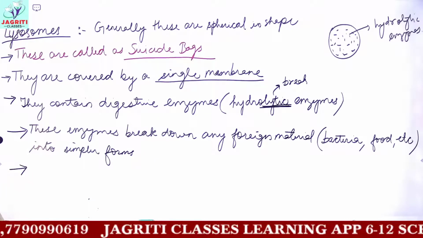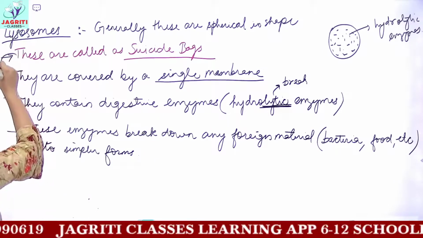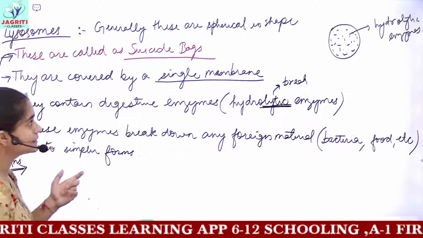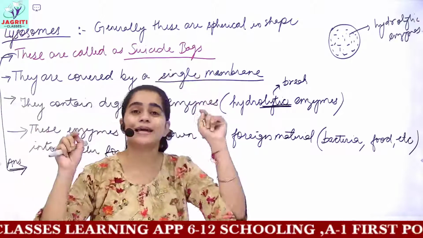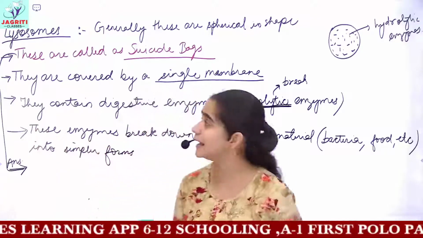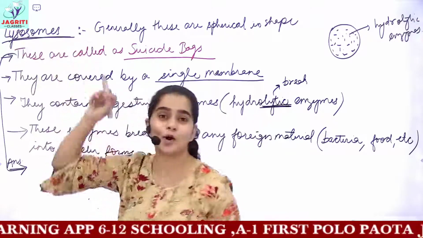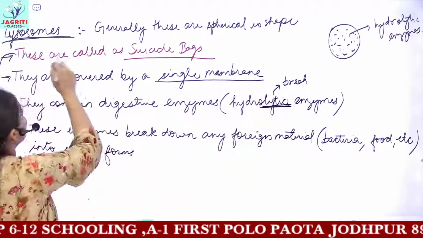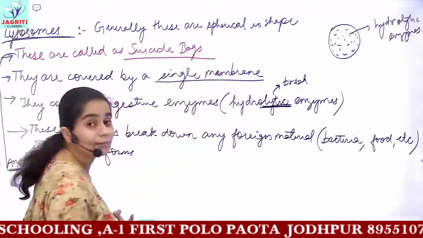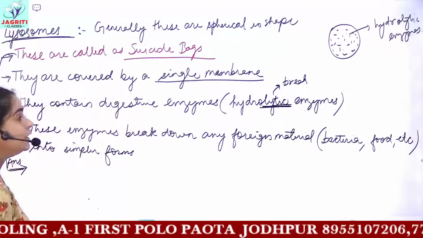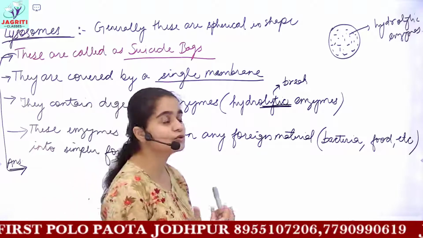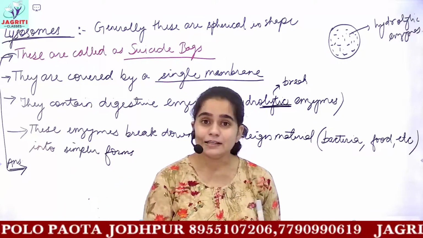The next function of lysosomes: I'll tell you the answer why these are known as suicide bags. If you are asked which cell organelle is known as suicide bags, then you will say lysosomes are called suicide bags. Now the next question would be, why are lysosomes called suicide bags? The answer is, whenever any cell gets damaged, the lysosomes burst.